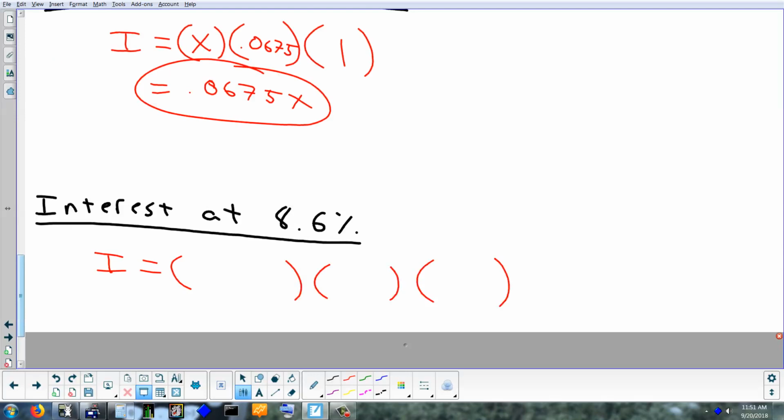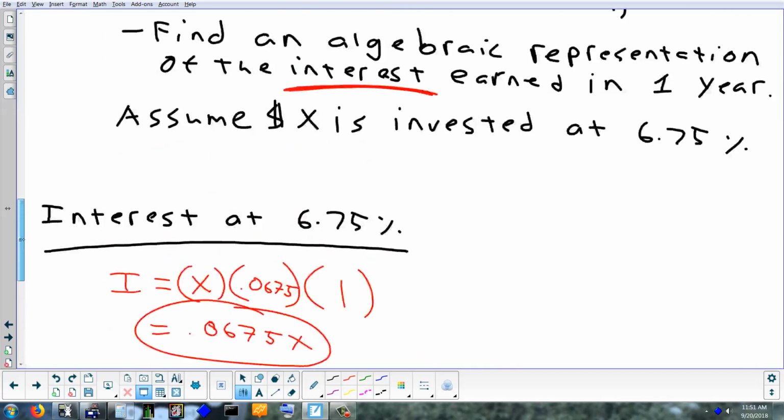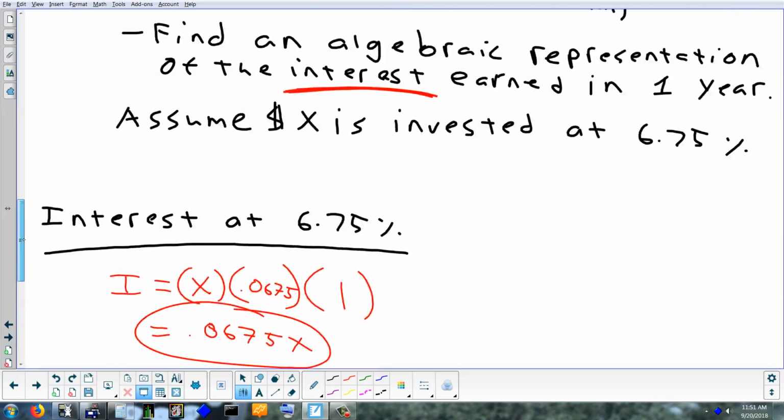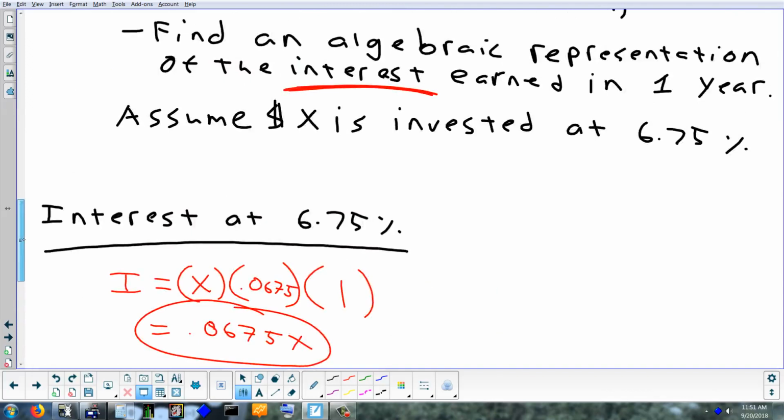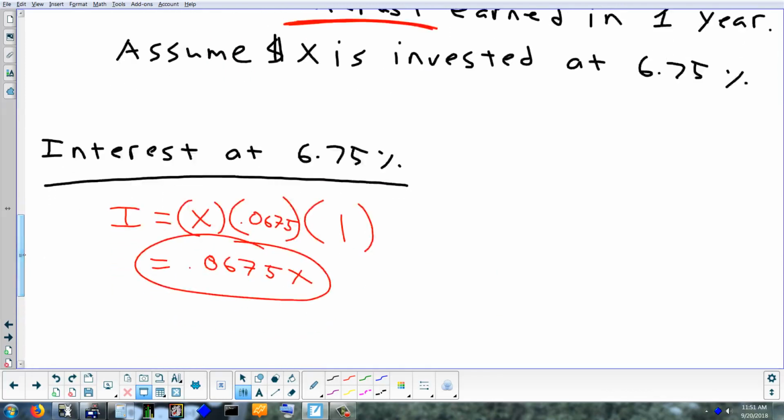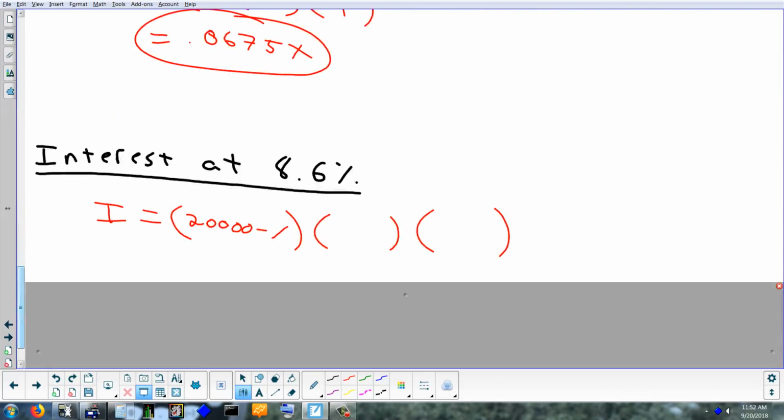Is it 20,000 minus? It's 20,000 minus how much money did he put in the other investment? Yep. 0.0675. Well, that's how much interest he earns, but how much money did he put in that account? Yes. Just X. He put X dollars in the 6.75.